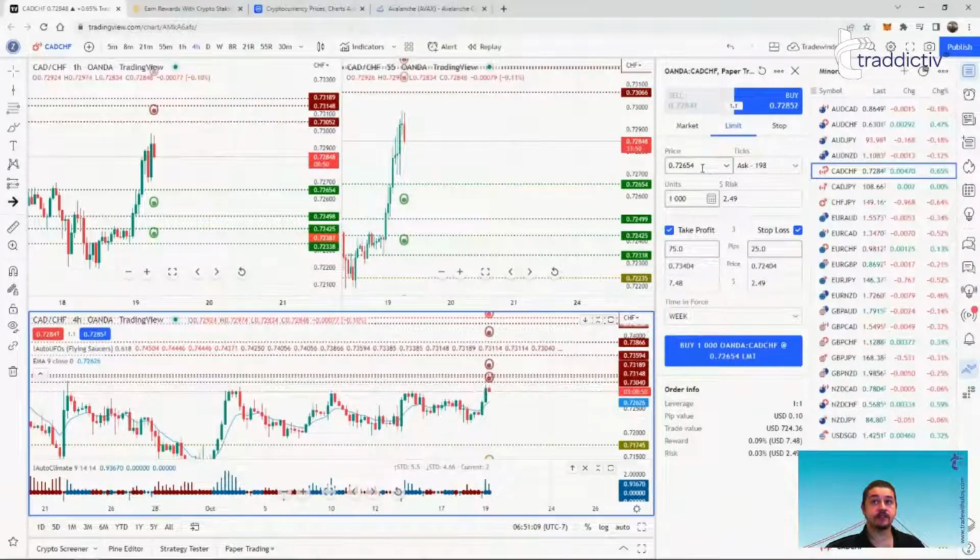Let's go ahead and set this up. Again, risking 150. This is the 4-hour, so we have another 4-hour increments, so 16 hours, 80.